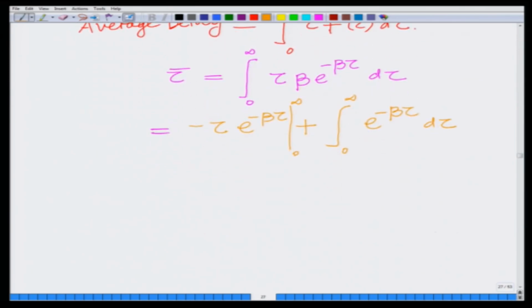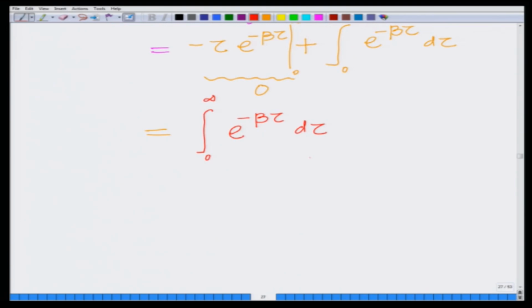Now, if you look at the quantity minus tau e to the power of minus beta tau between the limits 0 and infinity, at infinity e to the power of minus beta tau is 0, and at 0 tau is 0. So, this quantity is 0. I am left with integral 0 to infinity e to the power of minus beta tau d tau, which is minus 1 over beta e to the power of minus beta tau between the limits 0 to infinity.